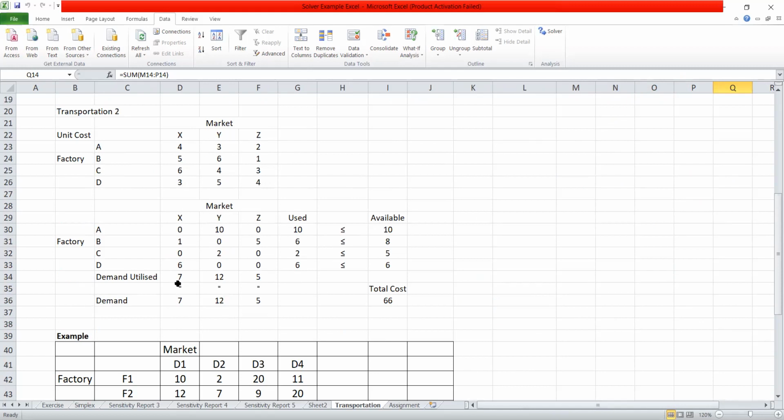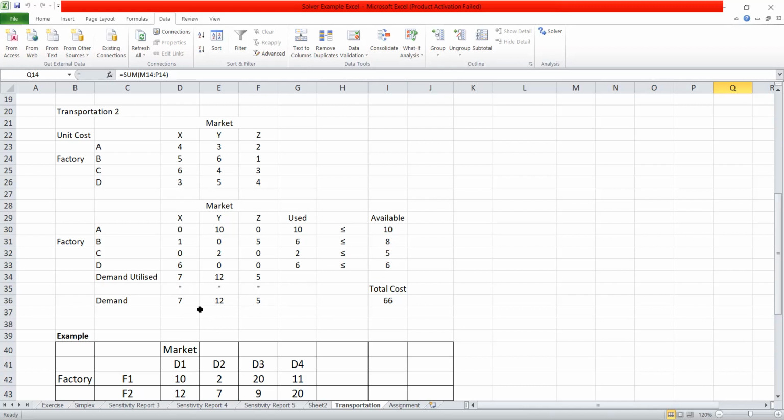Here is the total demand, and here the available supply. From the supply we have 18, 33, 29, and here the total demand is only 19, 24.